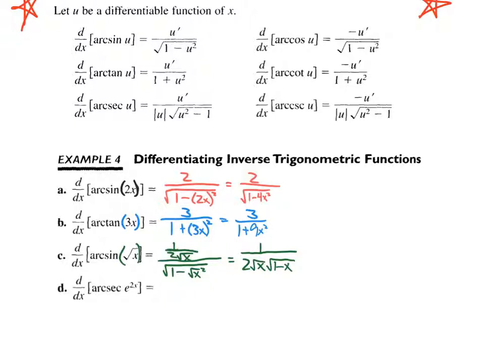Okay? You can leave it like that, or we could put the radicals together, make it a radical x minus x squared if we want. We don't have to.